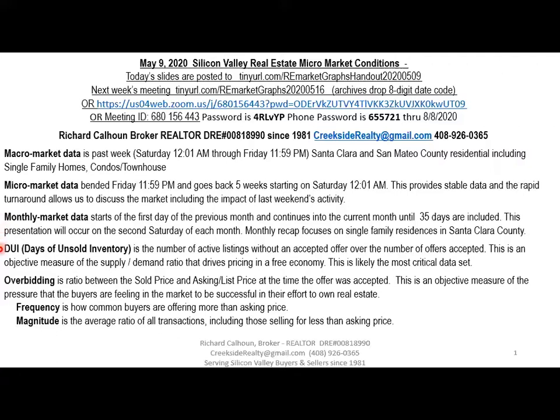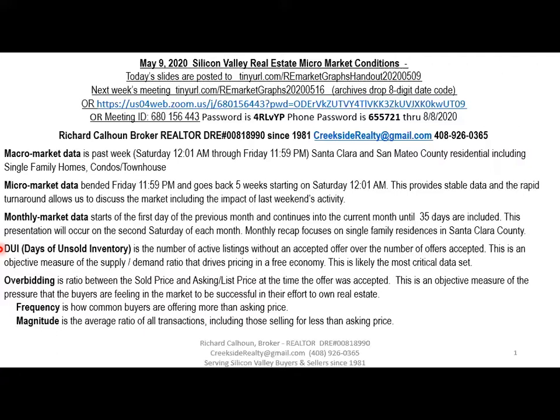In all the data, there's two key points, in my opinion, and some people might say there's three, but it boils down to two. One has a subset. The first one is days of unsold inventory, and basically that's the supply-demand ratio, which in a pre-capitalist society drives what future prices are going to do. The higher DUI is, the longer it takes to sell your existing inventory, the less price pressure there is.